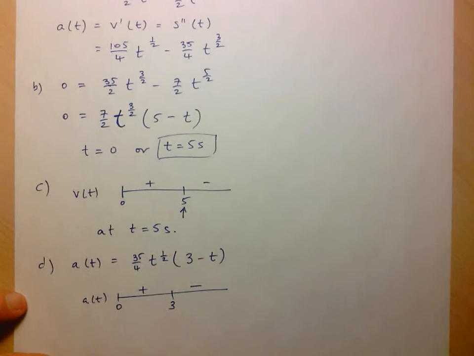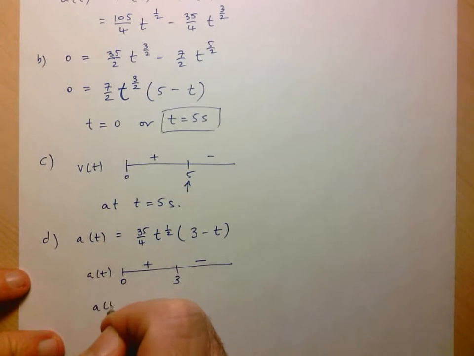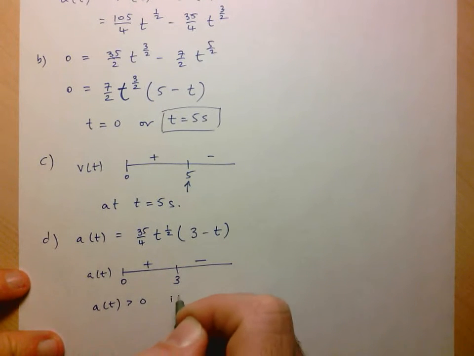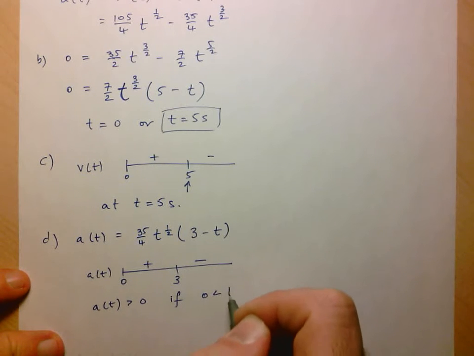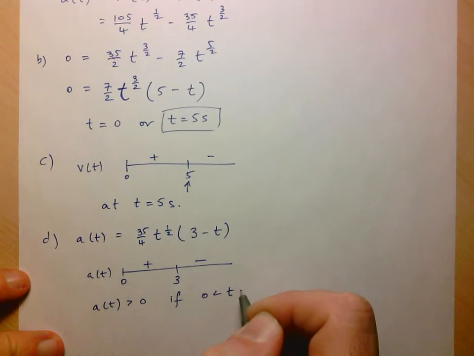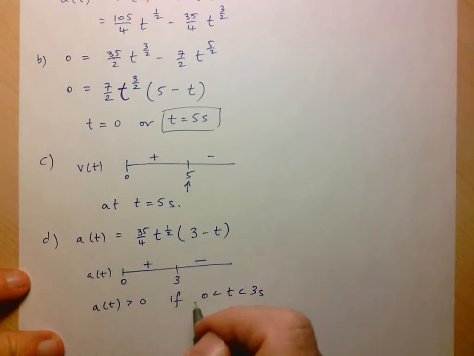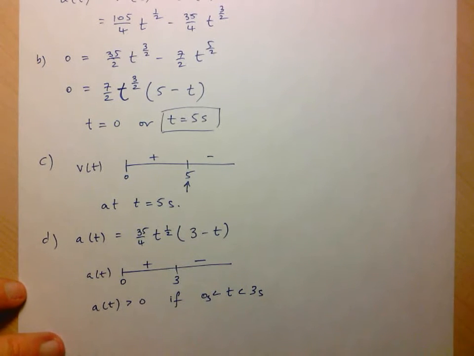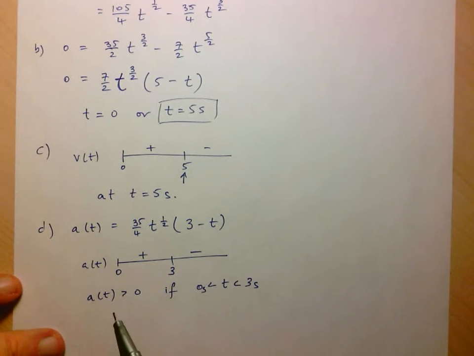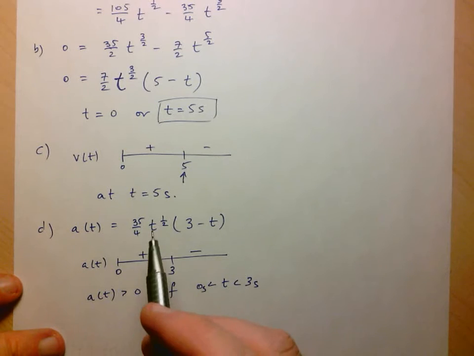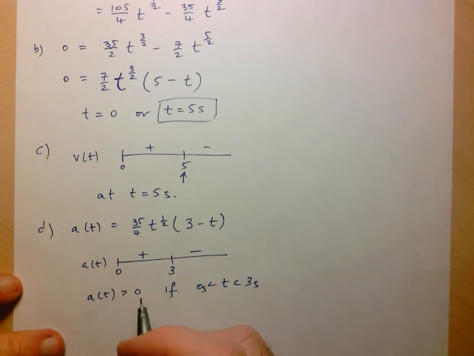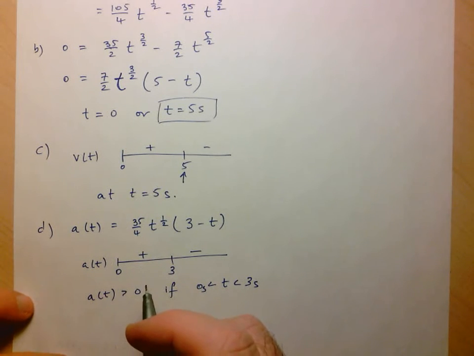So that means the acceleration is positive if 0 less than t less than 3. And of course this should all be in seconds. Notice how we're using all the same tricks as we have in the past. This is why dealing with these functions being positive or negative is nice, because I get to reuse all the algebra that we learned in the previous course.